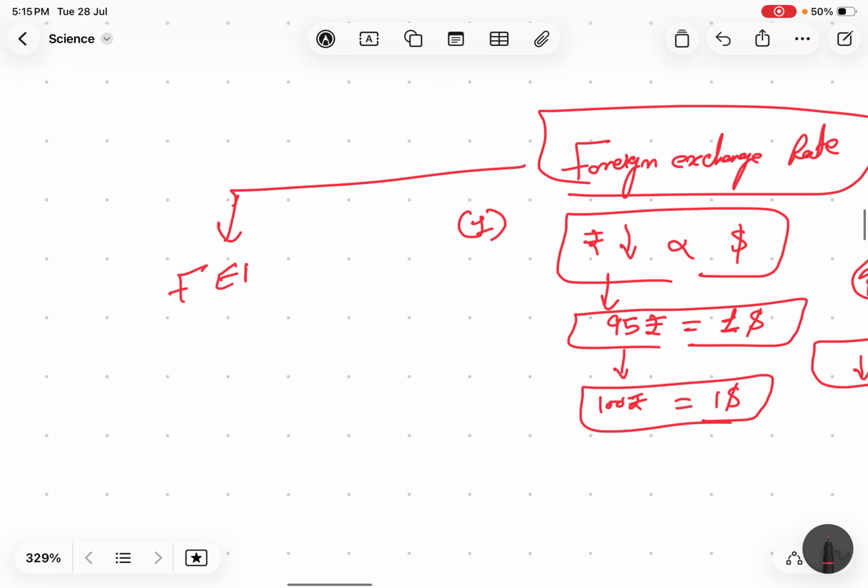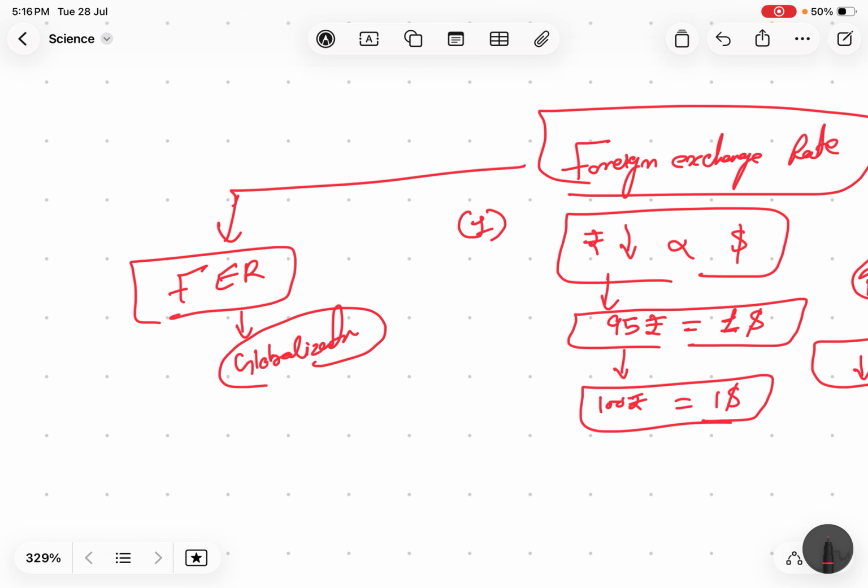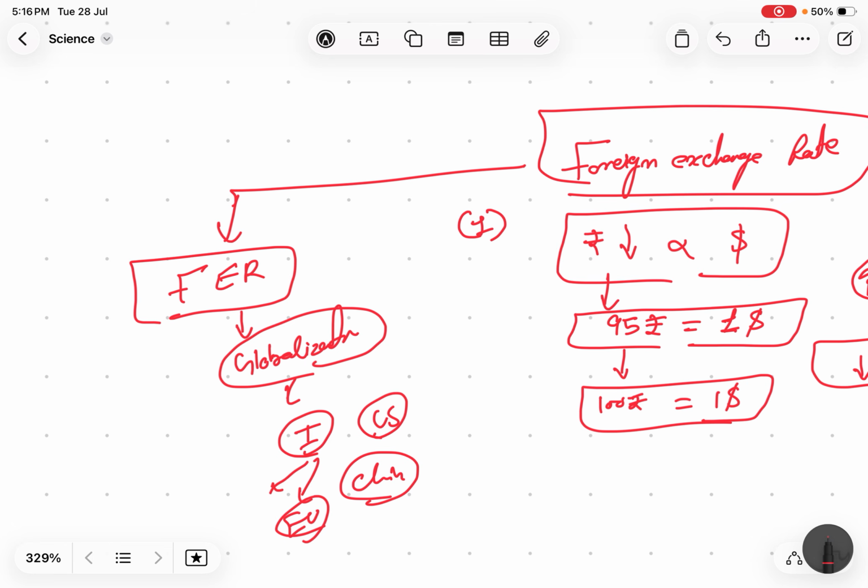Foreign exchange rate. See, why do we need forex exchange? Because we are living in today's world of globalization. In globalization, every country, be it India, US, China, European Union countries, UK, all the countries trade with each other.